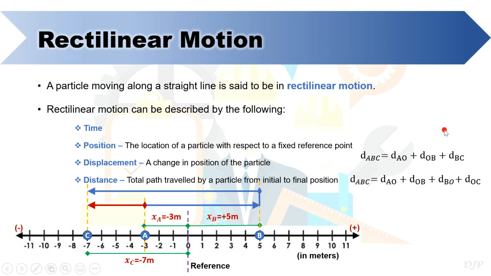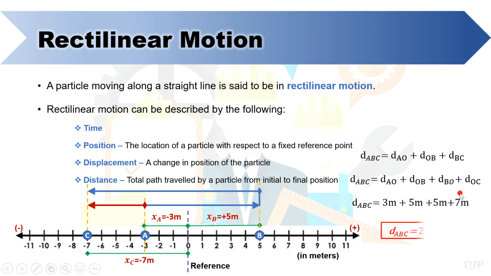Substituting the values, total distance is equal to 3 meters plus 5 meters plus 5 meters plus 7 meters. Take note that we only use the absolute values. Remember that distance is a scalar quantity. Its value does not depend on the direction, and there is no such thing as negative distance.